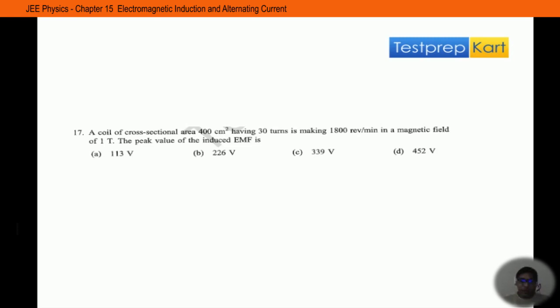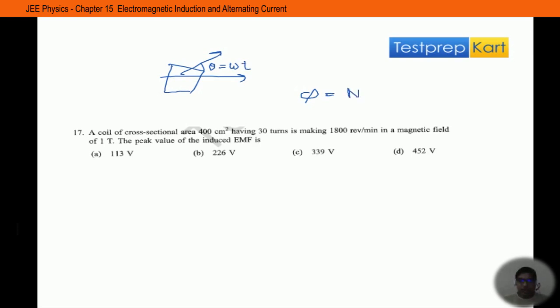So look, when we write expression for flux whenever rotation is taking place, if at any particular instant the angle between coil area and direction of magnetic field is theta, like this is area of coil and this is your magnetic field, and if it is rotating with speed omega, then theta can be written as omega t.